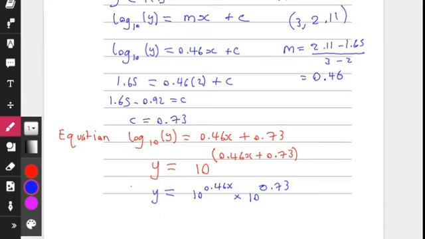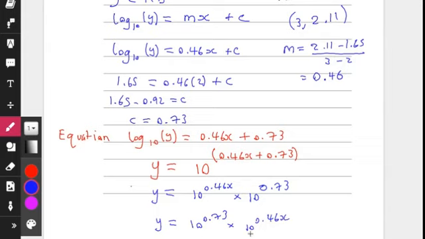And if we write it in the form k times b to the x, well, what would that be? Ten to the power of 0.73 times 10 to the power of 0.46x.